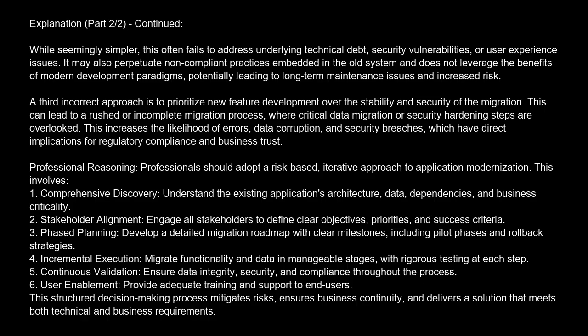Migrate functionality and data in manageable stages, with rigorous testing at each step. 5. Continuous validation. Ensure data integrity, security, and compliance throughout the process. 6. User enablement. Provide adequate training and support to end users. This structured decision-making process mitigates risks, ensures business continuity, and delivers a solution that meets both technical and business requirements.